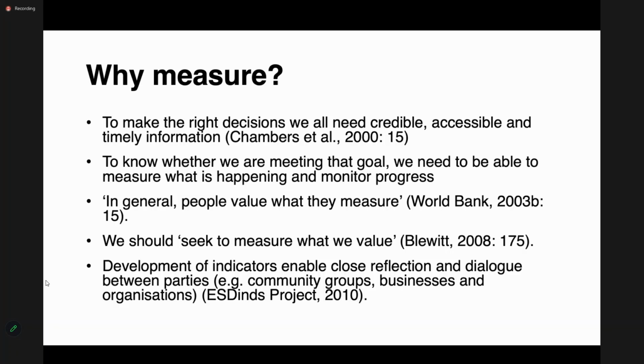And then the other side of this is, it is important that we try to measure the things that we value as well. So if it's something that's important for us to achieve, then we have to try and see how we can measure whether we have actually achieved that or not, or whether we are on target to achieve those things or not.